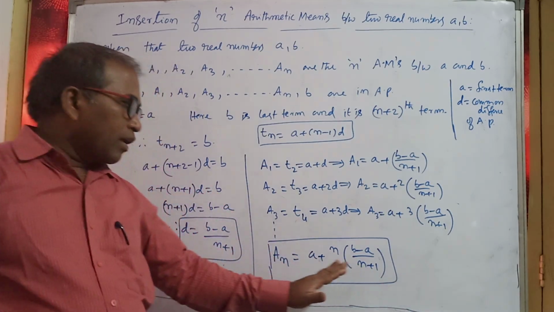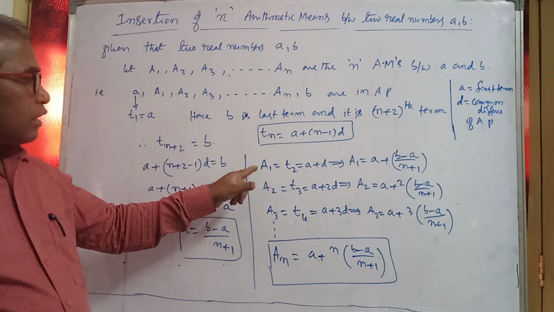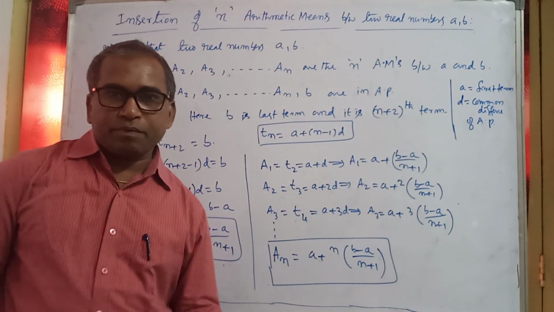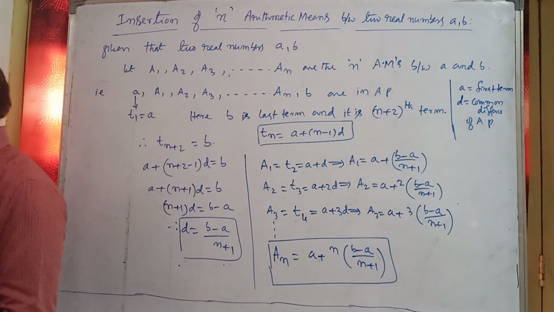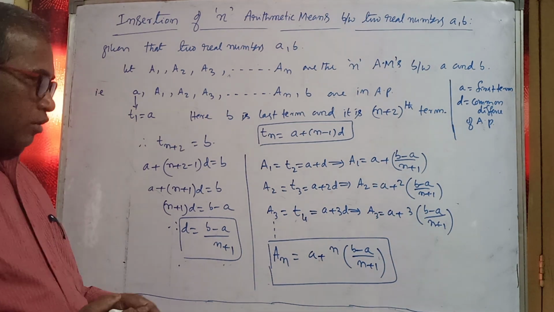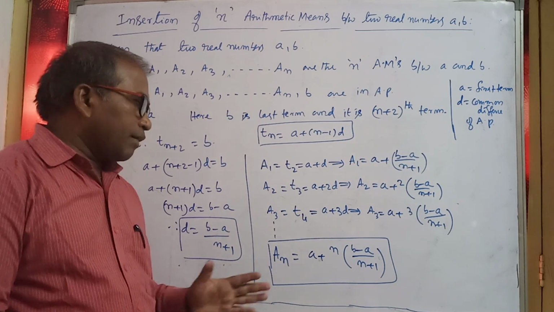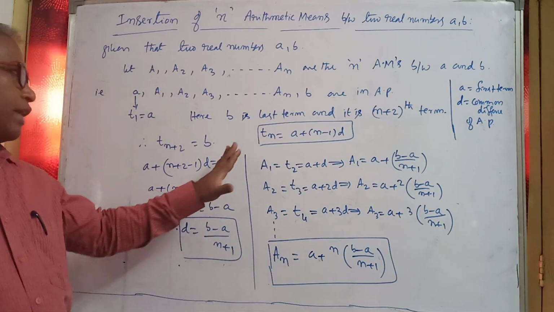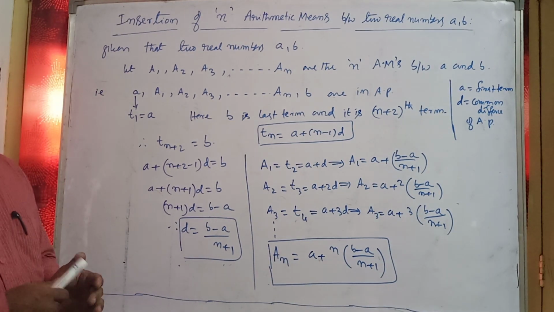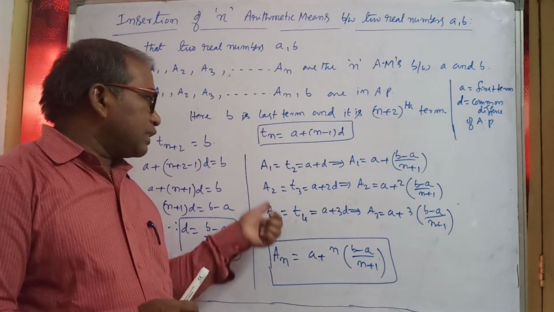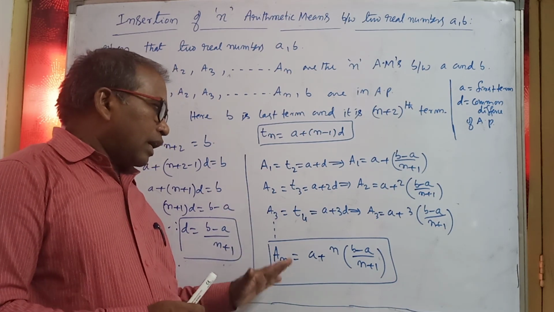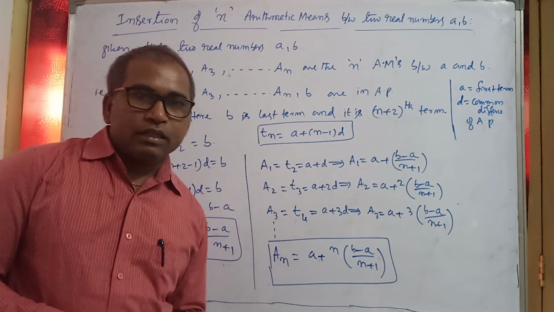Next we will see the sum of A1 plus A2 plus A3 and so on. I think time is not permitting, so I will do one problem regarding this, then stop the class. Next class I will cover the sum of these n arithmetic means, A1 plus A2 plus A3 plus An, do one or two problems, then go for geometric progression.